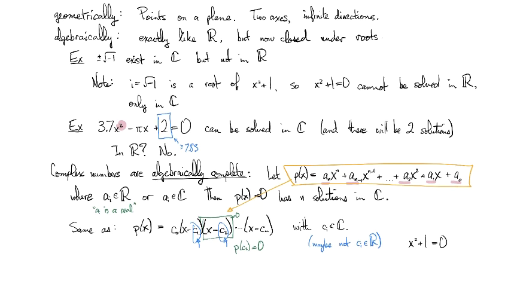Well, this one can be rewritten as (x minus i)(x plus i). So it factors, or it splits, into these two linear factors. And you can see from this that the roots of this polynomial are i and minus i. And those just happen not to be real numbers.